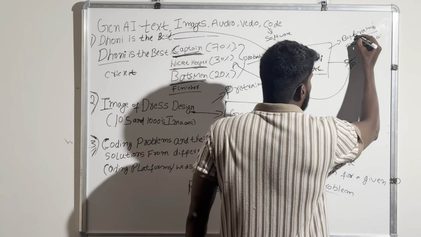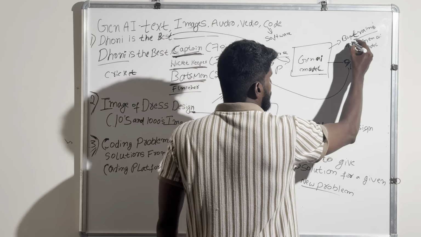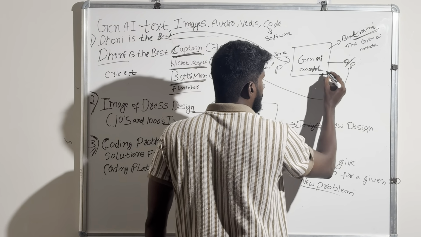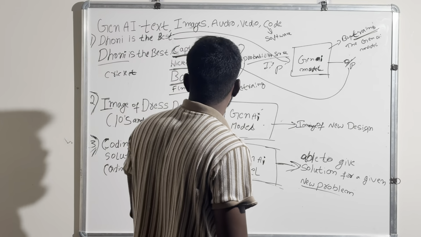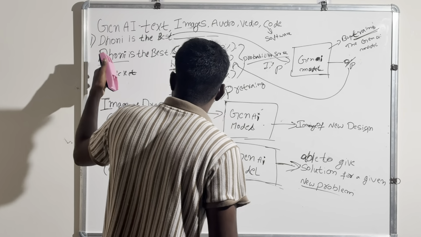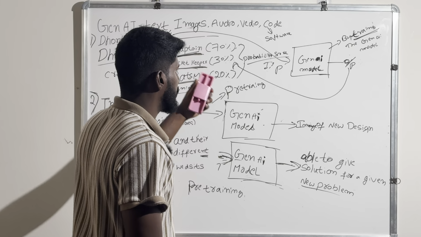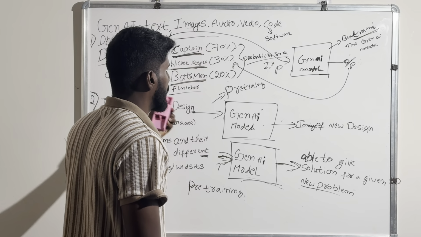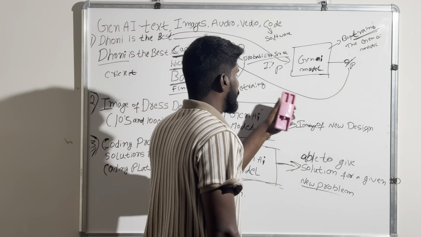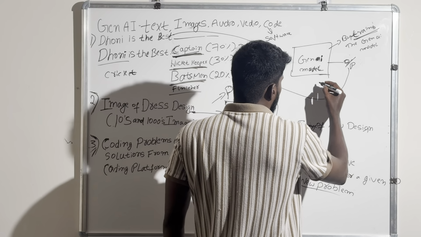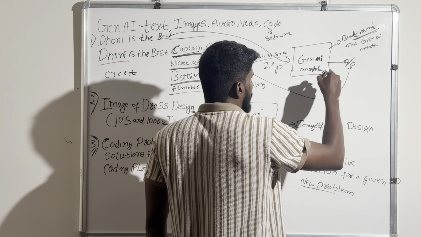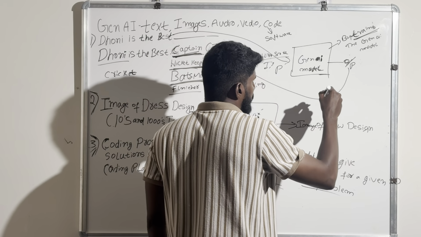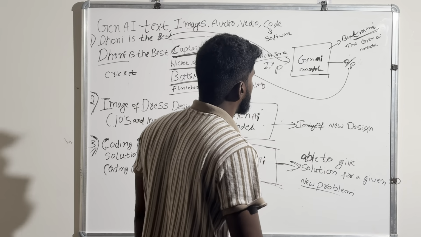Training in the sense here for the Gen AI model, using this training process, it gets the knowledge of the outside world. Knowledge of the outside world can be about cricket or Dhoni, or about football, or anything related to technology. Whatever data we feed in, this model will be trained to gain the knowledge about the data which we have given as input to the generative AI model.